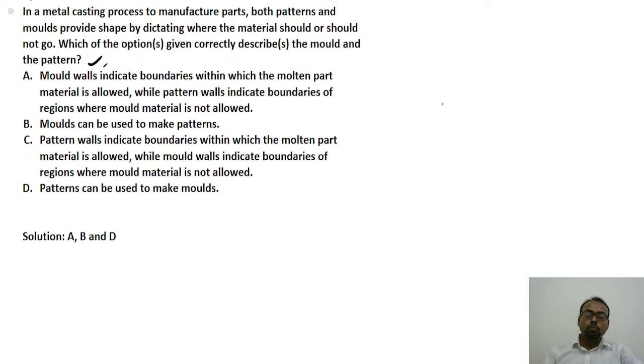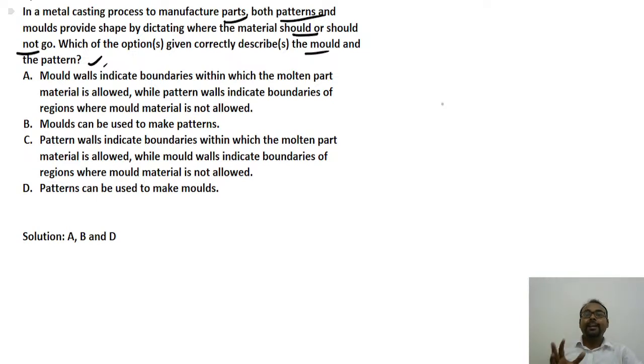Basically, this question was from the casting topic, and in this question we have to select one option or multiple options which are correct related to the mold and pattern. In the question it says that in a metal casting process, both pattern and mold provide shape by dictating where the material should or should not go.